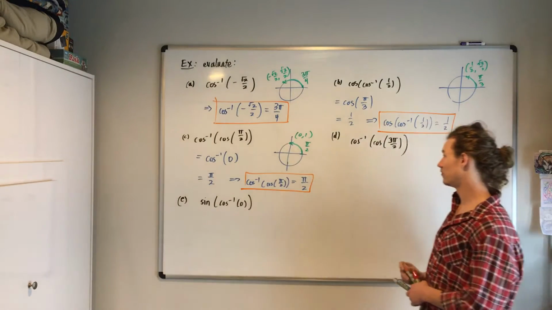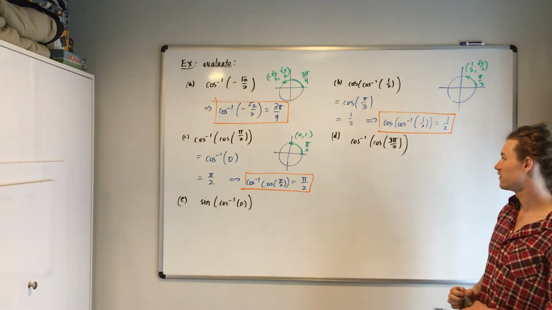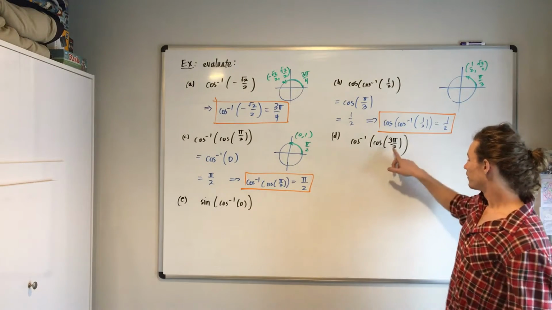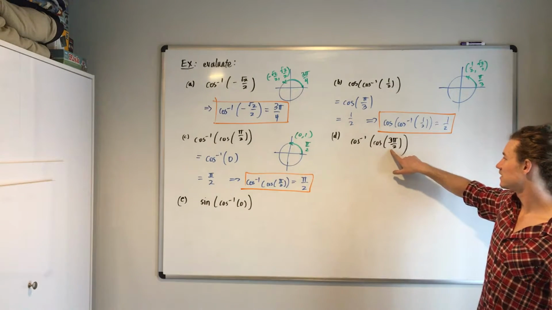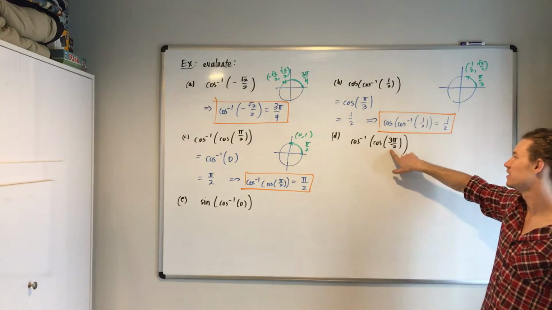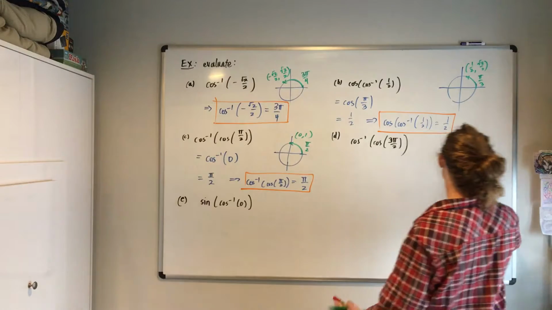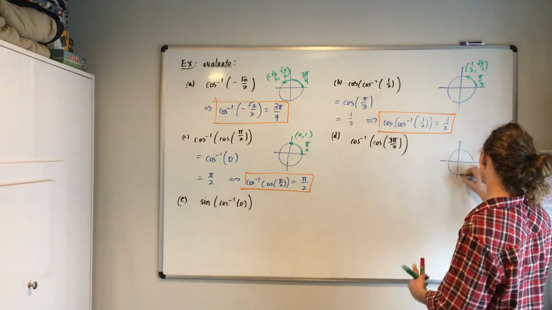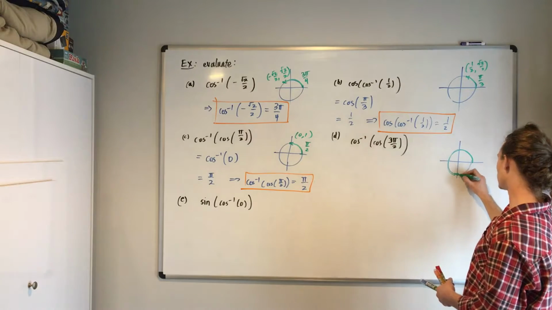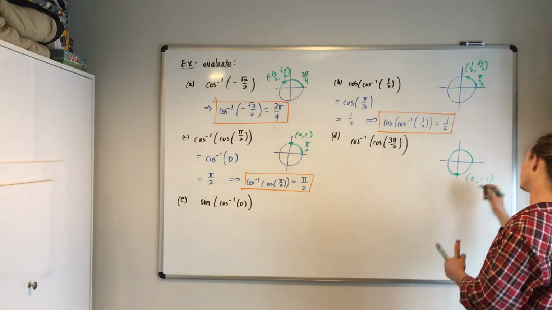Let's go ahead and check out part D, the inverse cosine of the cosine of 3 pi halves. Well, we know 3 pi halves has the terminal point 0, -1.